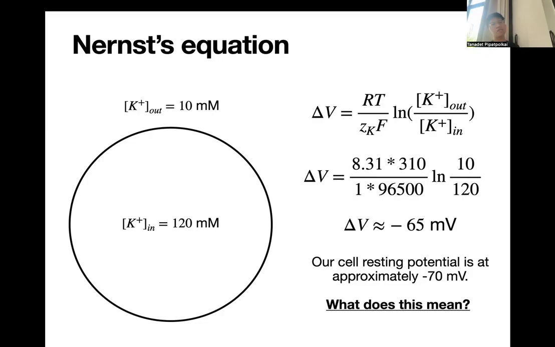Okay, so what does it actually mean is that it's very close, and that suggests that the cell is mainly permeable to potassium. Potassium can move in and out of a cell freely, and we get minus 65 millivolts.